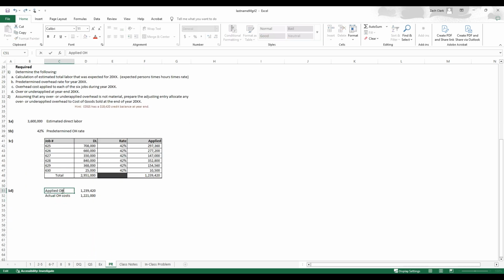So I'll say applied overhead, and I'll just say actual overhead. And the difference here, so is our applied higher? It is. So we were over applied then.